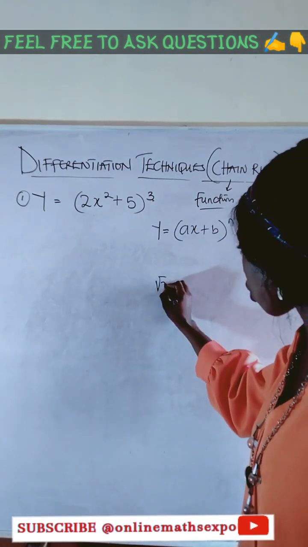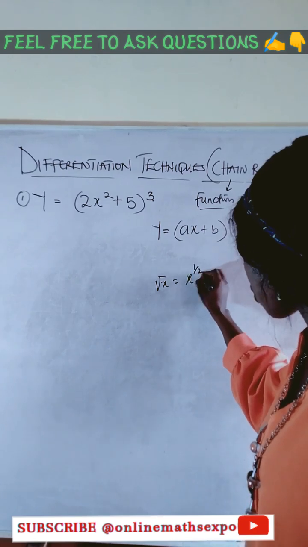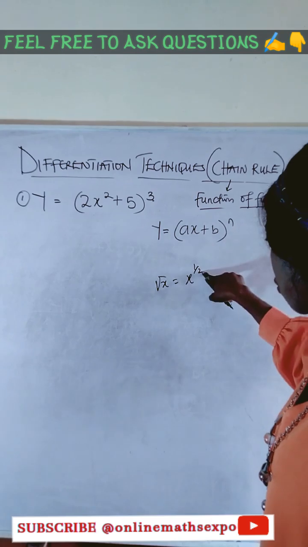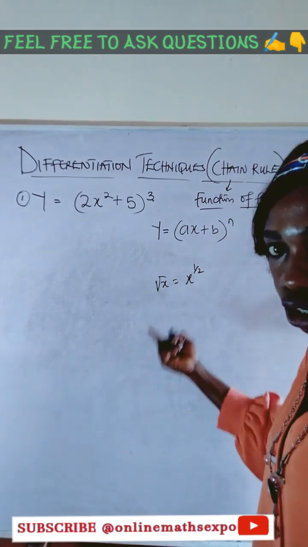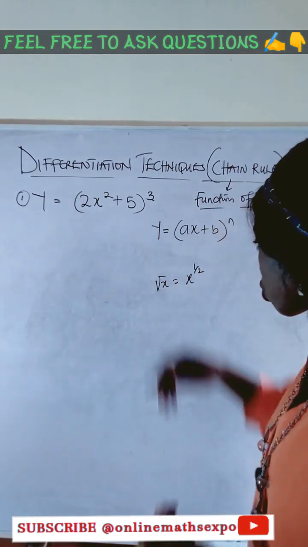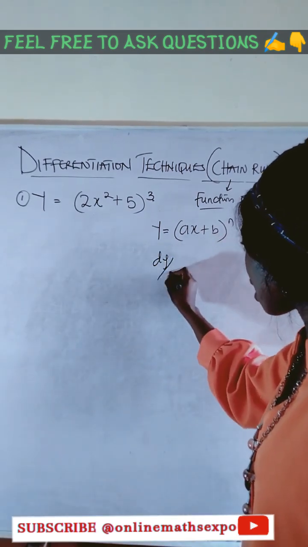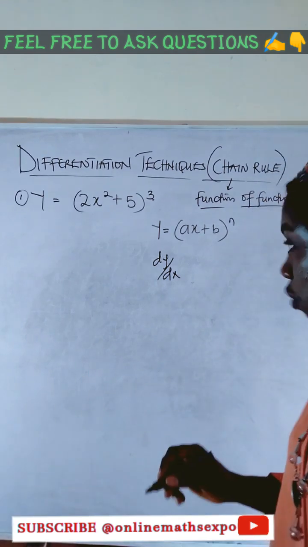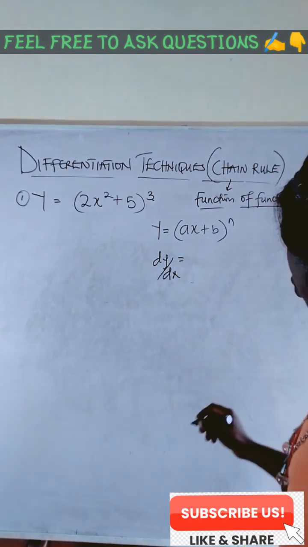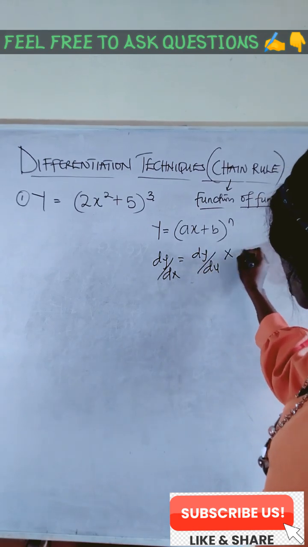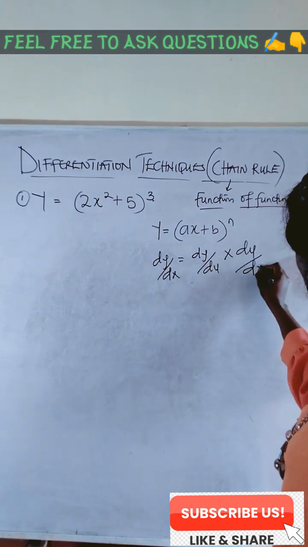You know, the root of x is the same as x to the power of half. So this can be in the form of a fraction or a whole number, which is your n. What do you do according to your chain rule? It means that dy/dx will now be equal to dy/du multiplied by du/dx.